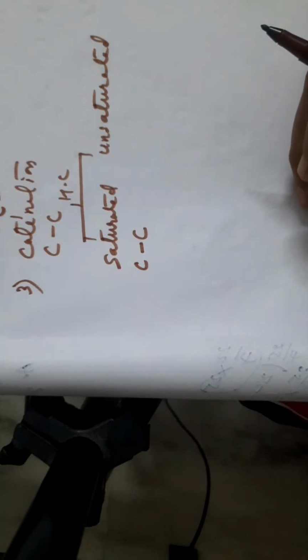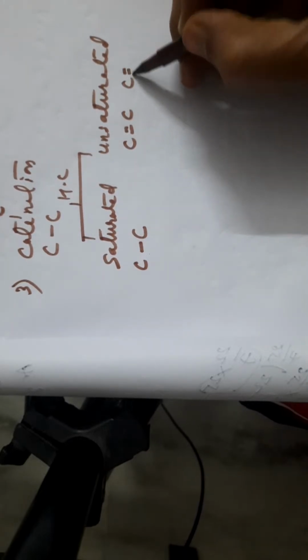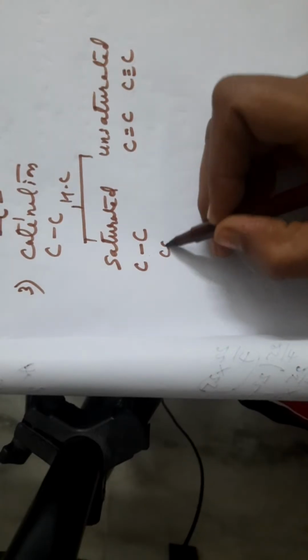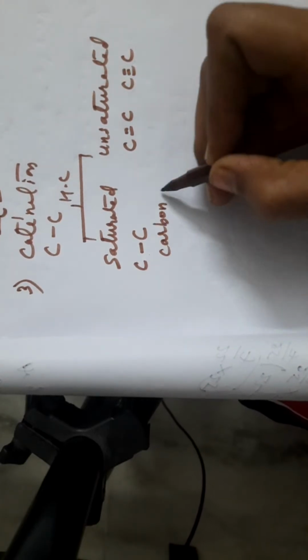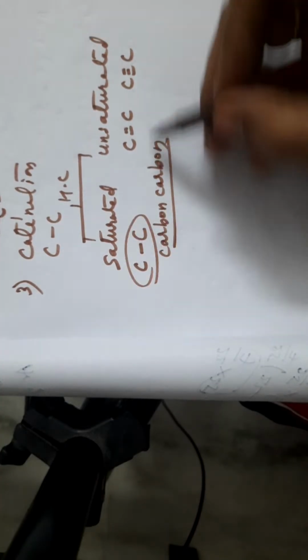If there is a double or triple bond between the carbon atoms, it is unsaturated. You need to write that bond is formed between carbon and carbon, and depending on that they are categorized as saturated or unsaturated. You need to mention whether they have a single, double or triple bond.